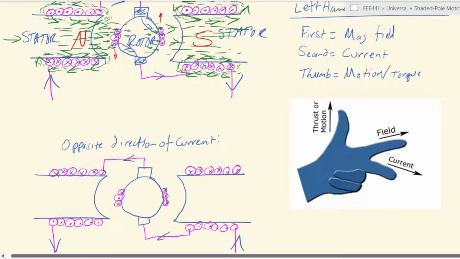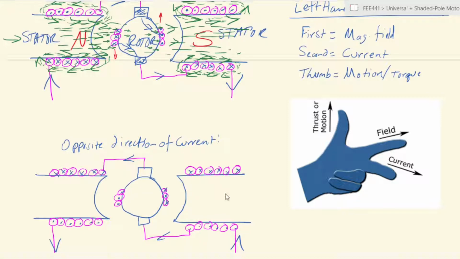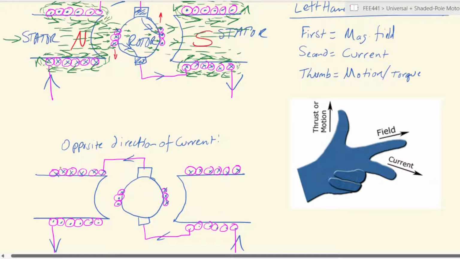Okay, so you have opposite directions for everything, and let's see where the magnetic fields will flow towards. So we have magnetic fields set up as we had seen before, exactly the same. The only difference is the direction of the current, which means that in this lower side, instead of it being clockwise, it will be anti-clockwise. In the upper side, instead of it being anti-clockwise, it now becomes clockwise.